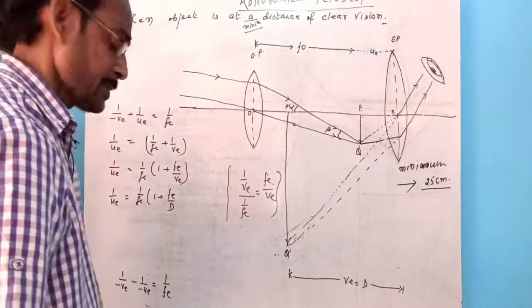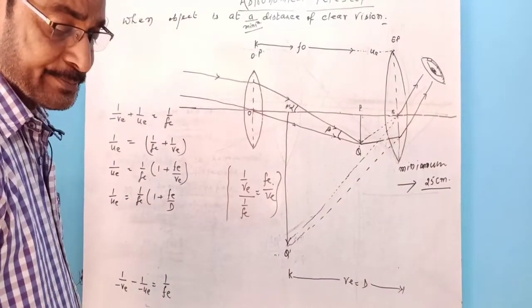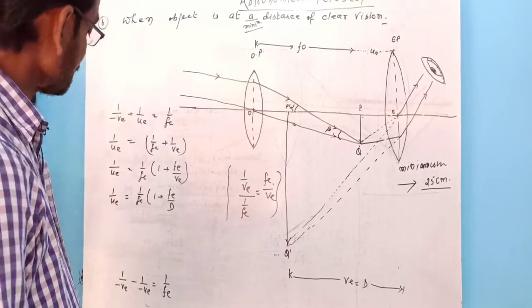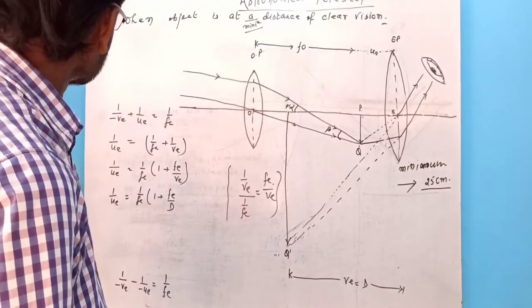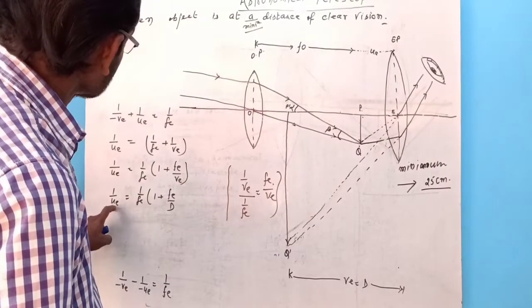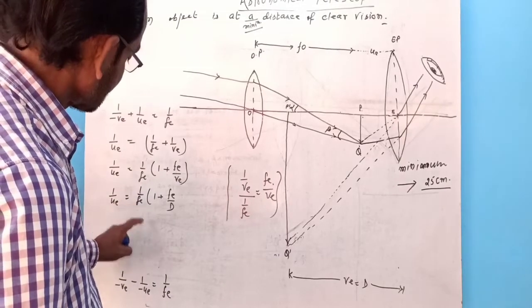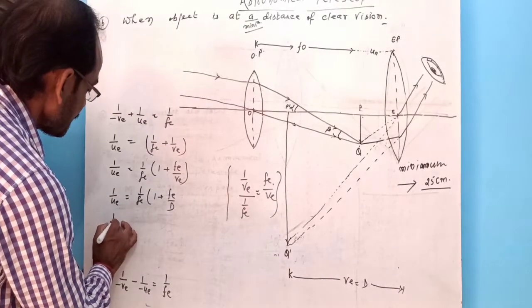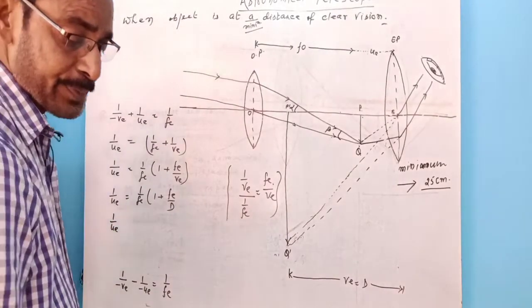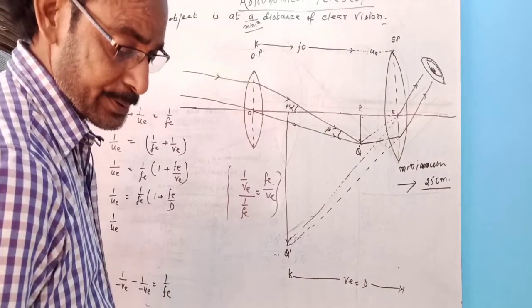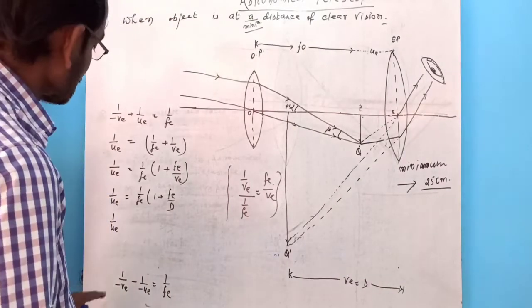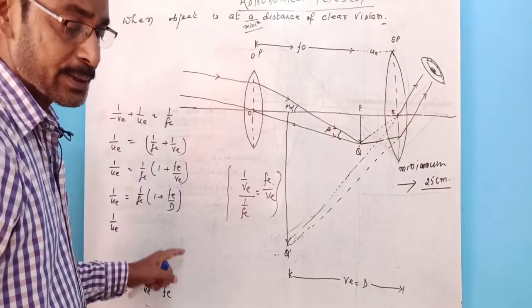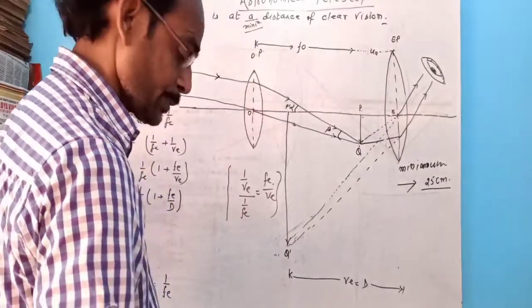In the first case, you have seen 1 by U and 1 by FE. This way we can write 1 by UE equal to this relation.